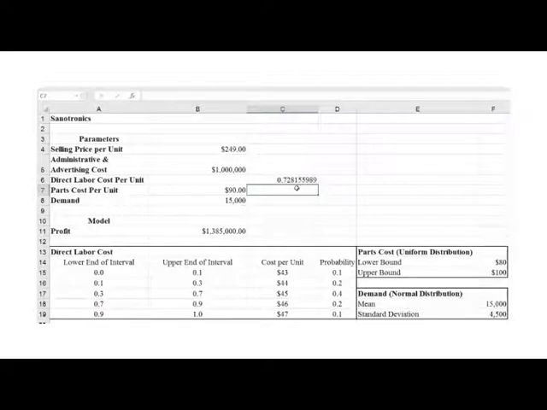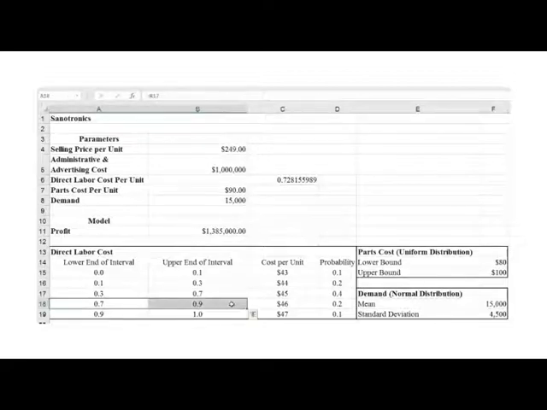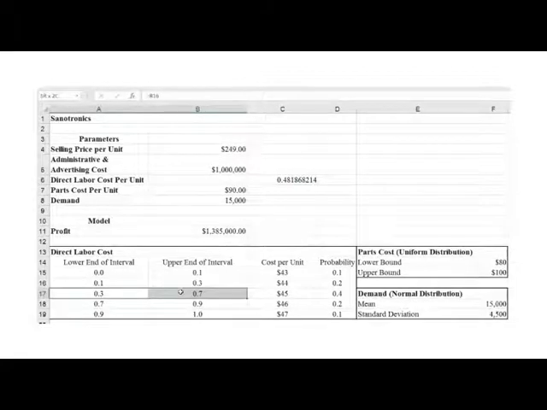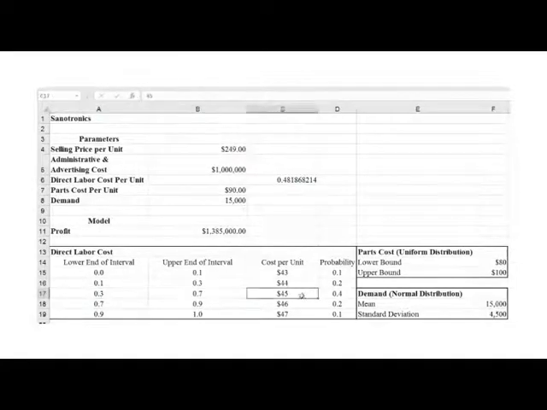If we tap F9 and generate a new random variable, we get a value of 0.7281, which would also land in the interval 0.7 to 0.9 and generate a value of 46. A value of 0.481 would generate a value in the interval between 0.3 and 0.7, corresponding to a value of $45.